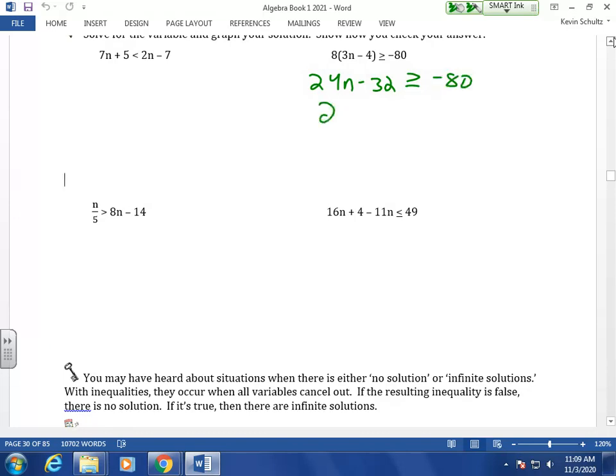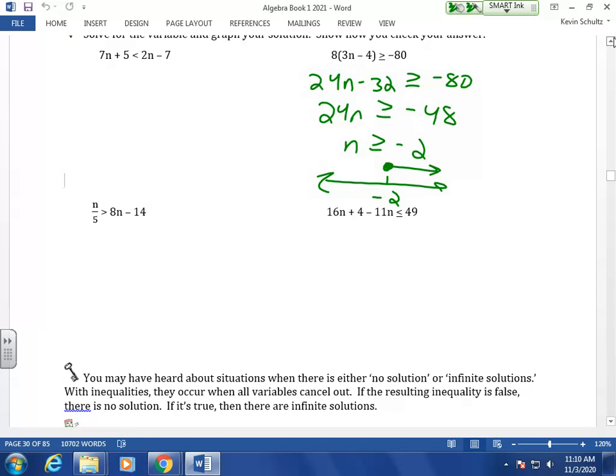Add 32 to both sides: 24n is greater than or equal to negative 48. Divide by 24, and we get n is greater than or equal to negative 2. No need to flip our symbol because that 24 is positive. So negative 2, closed circle, going to the right. Questions on that one?